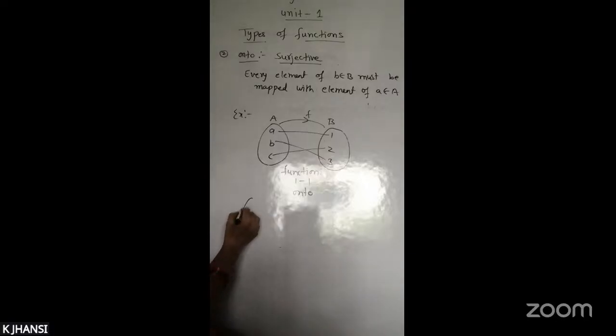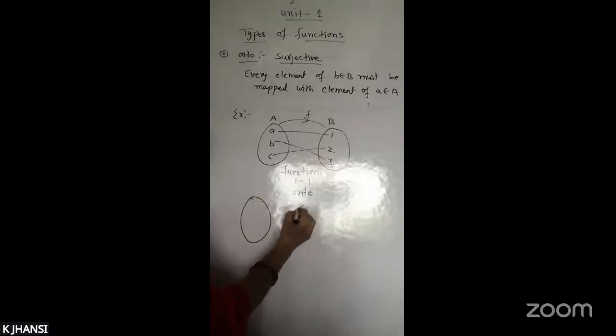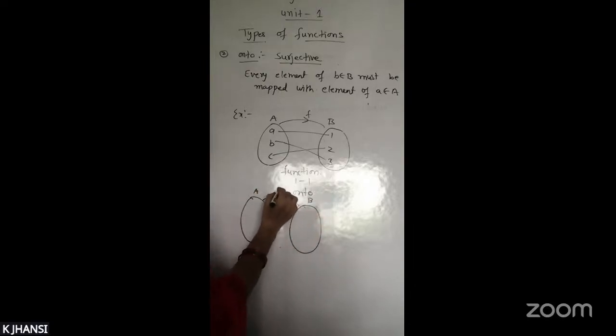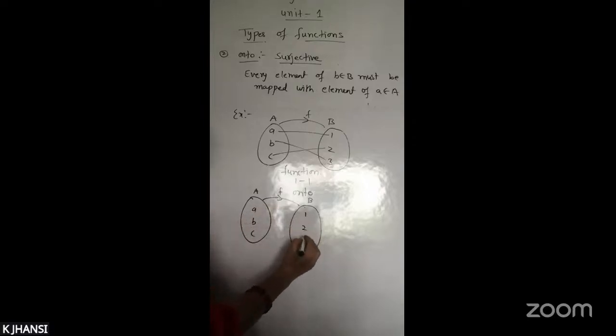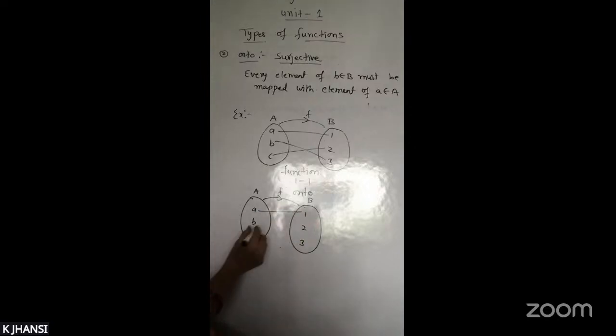Like this, if you have A, B, C, 1, 2, 3. So A goes to 1, and here B and C both have the image 3. First thing, this is a function.